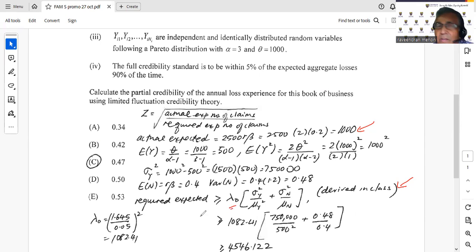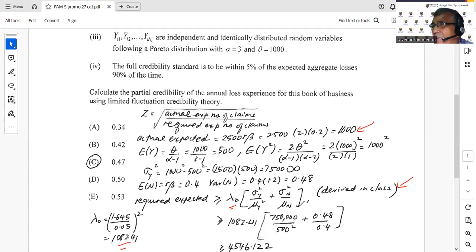Lambda naught is easy: it's 1.645 divided by 0.05, all squared, and you'll get 1082.41. Many of us have memorized this number. So the required expected is bigger than or equal to lambda naught times the quantity sigma_y squared over mu_y squared plus sigma_n squared over mu_n.